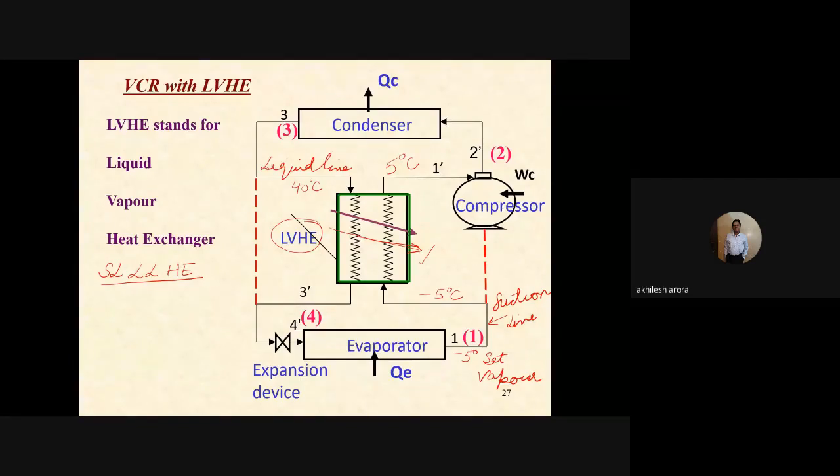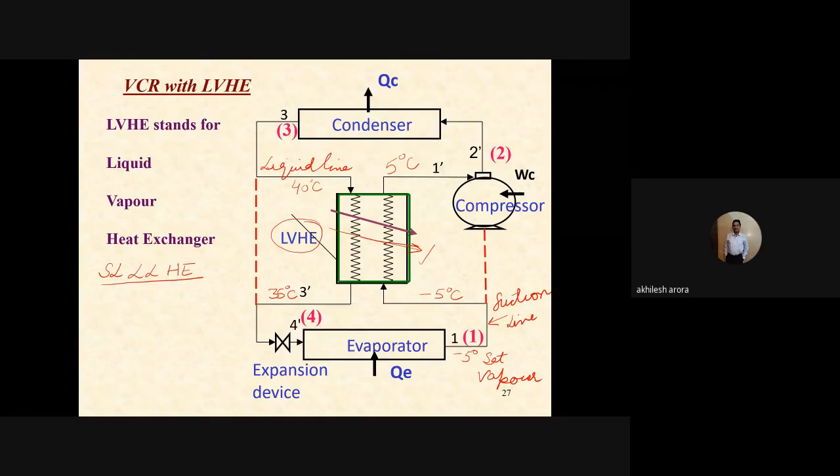Simultaneously, because the refrigerant which is leaving the condenser and entering the liquid vapor heat exchanger is transferring heat to the refrigerant in the suction line, its temperature will reduce. So I can say that the temperature here may go down to say 35 degrees Celsius. One thing is important to note here: the superheating that will take place is of the order of around 10 degrees Celsius, but the reduction in the temperature of the liquid refrigerant is around 5 degrees Celsius.